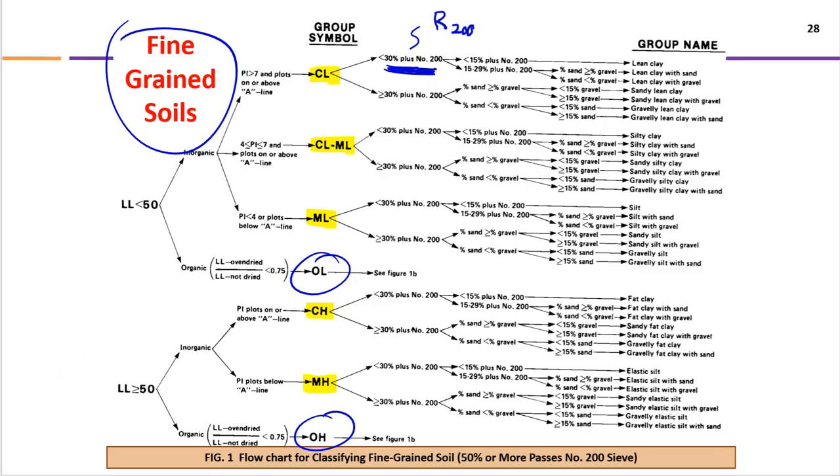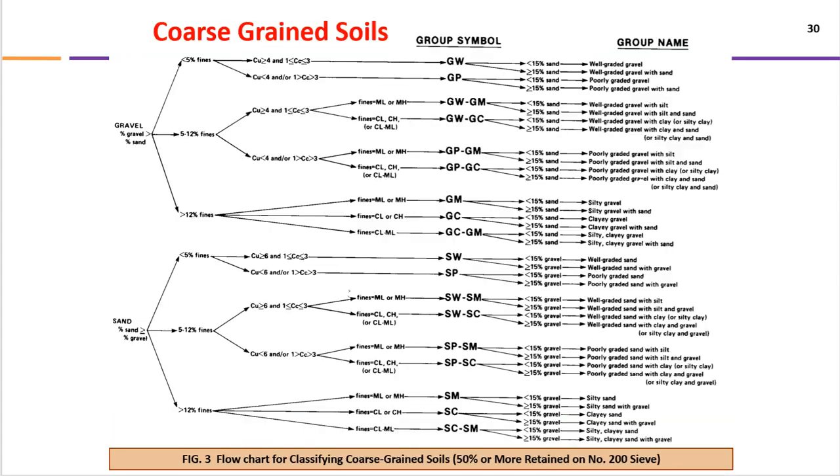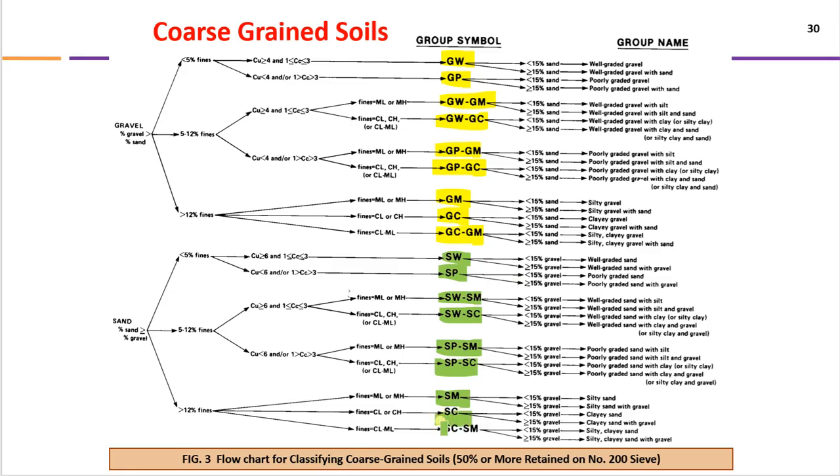But if you look at the coarse grained soils, this is the chart for coarse grained soils. For coarse grained soils, as I told you, we have 9 categories for gravel, 1 to 9, and 9 categories for sands, 1 to 9.